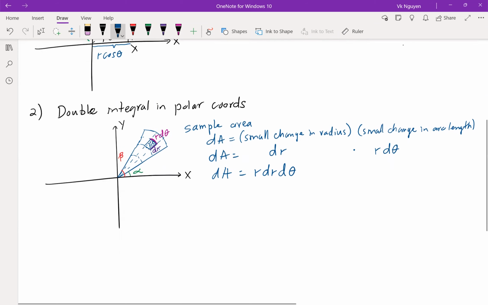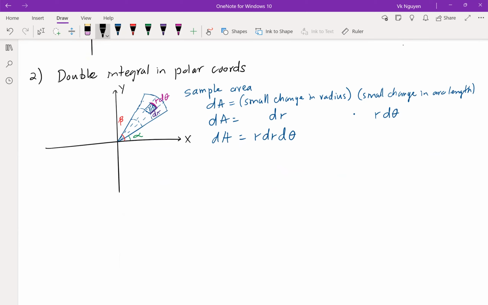Now from there we can do the setup. The double integral over the region D of f(x, y) dA is an integral of f, where you convert x, y into r cosine theta, r sine theta, and the dA here is r dr d theta. We know the angle theta is from alpha to beta.